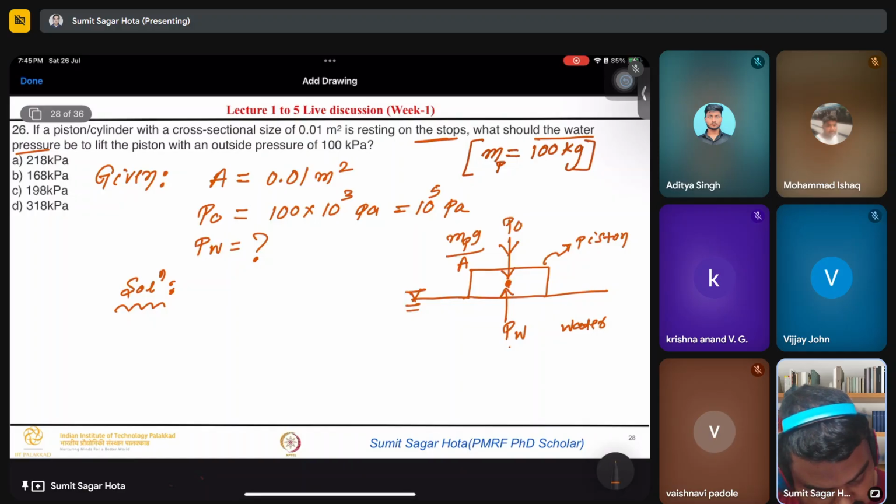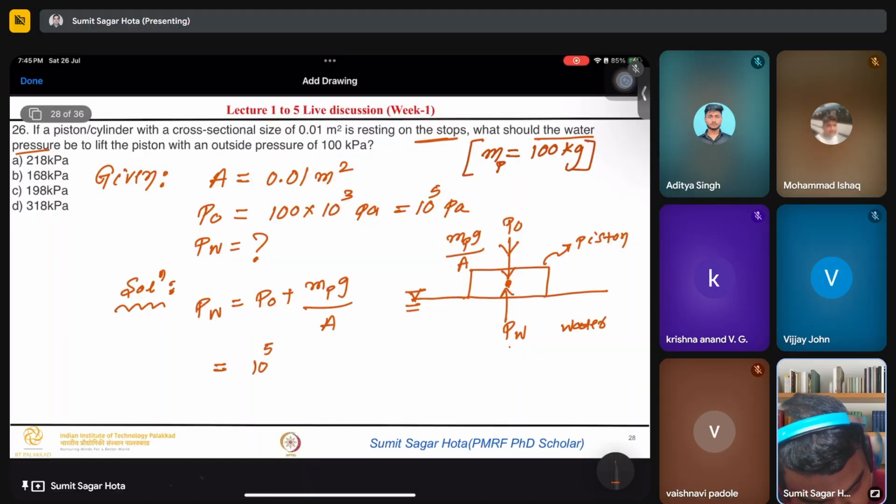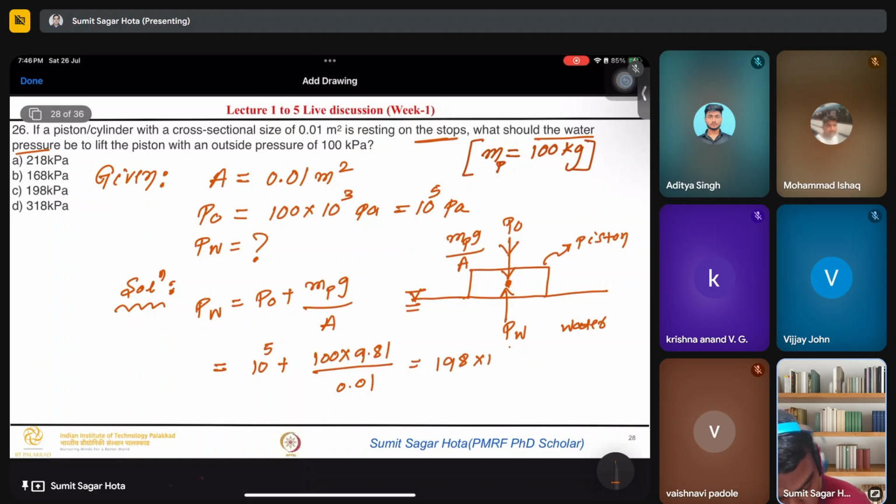PW is equal to P naught plus mg by A. P naught is 10 to the power 5 plus 100 into 9.81 by area 0.01. Solving it, we get 198 into 10 to the power 3 Pascal, equal to 198 kilopascal. So the answer is C.